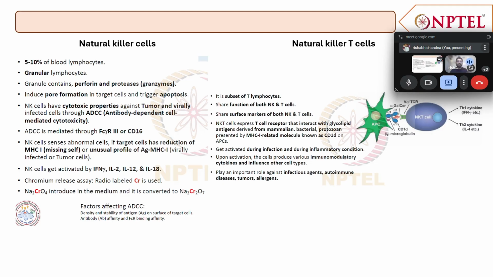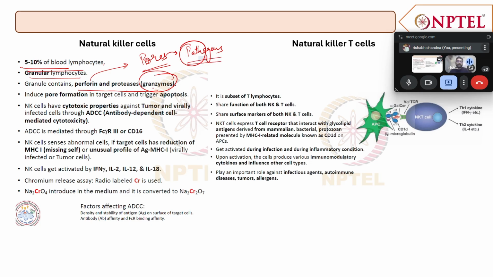Okay, so the natural killer cells are 5 to 10% of the blood lymphocytes. These are also granular in nature. Granules contain perforins and proteases or the granzymes. These perforins create pores in the pathogens.